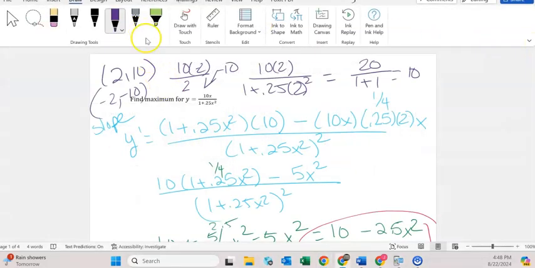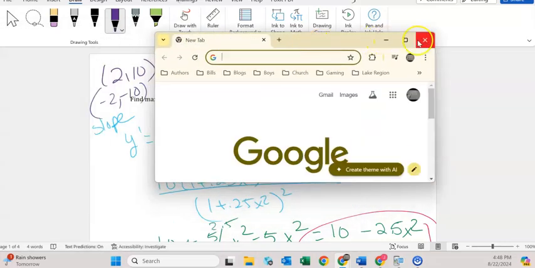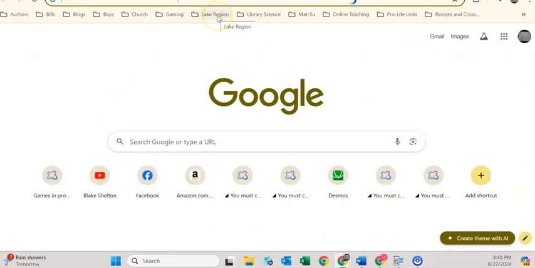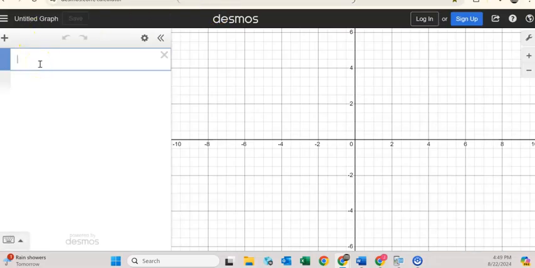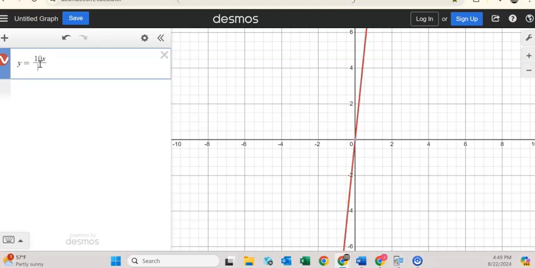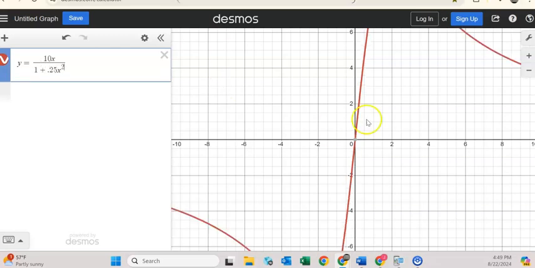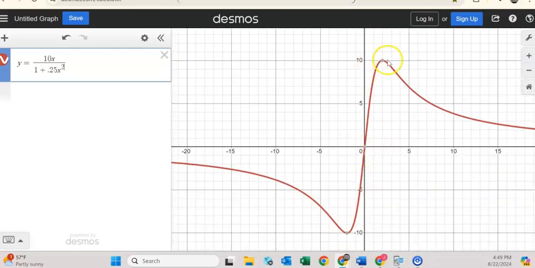Oh, it's mad at me. Okay. So then if I put in this equation, y equals 10x divided by 1 plus 0.25x squared, you can see then here, right there, that's that point, and that's that point.